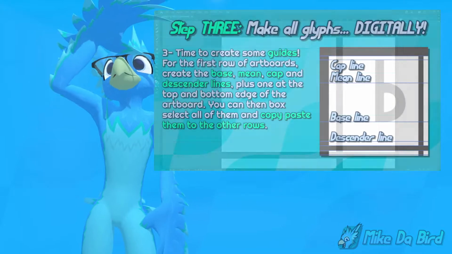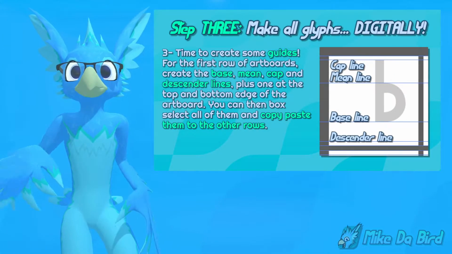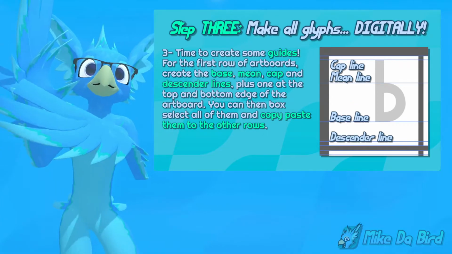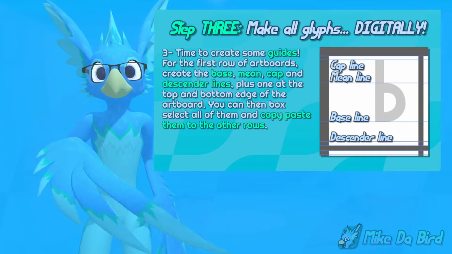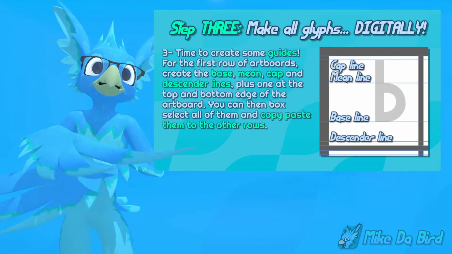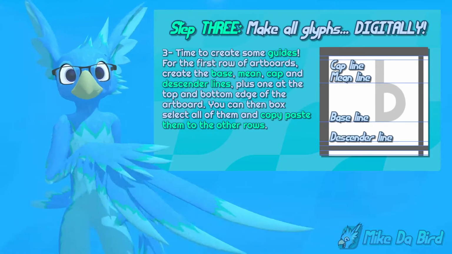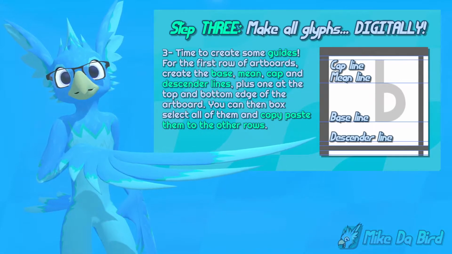And you can also put one at the top of the artboard and one at the bottom of the artboard to align it when we're going to copy paste them. So make those lines, adjust them so that they fit the style of how you did them on your sketches. And then you want to select all of them. Do it first on the first row.